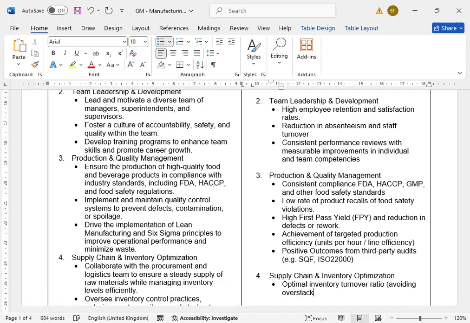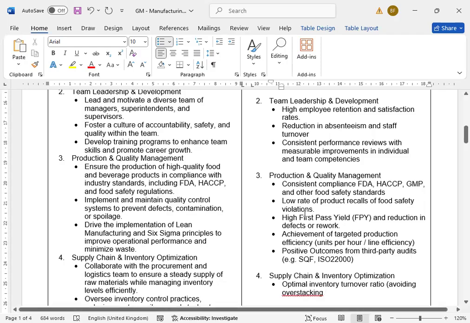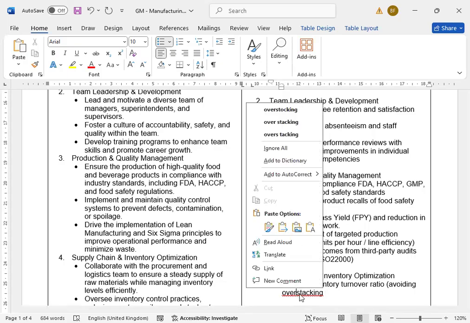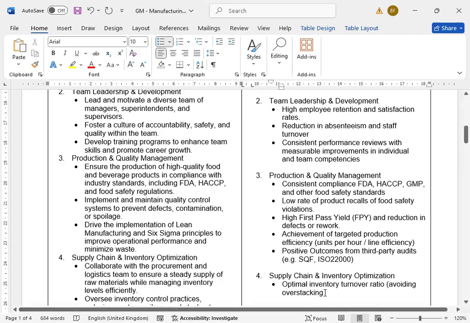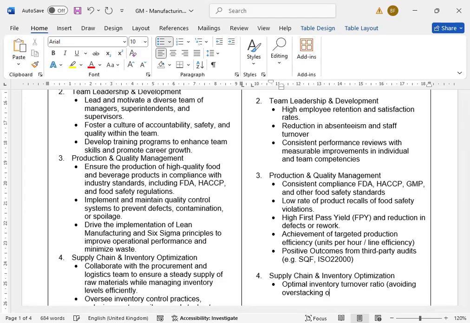You produce more than what is needed by the customer, you overstock, and the opposite. What is the opposite? Stockouts. You run out of SKUs, stock keeping units. All right.